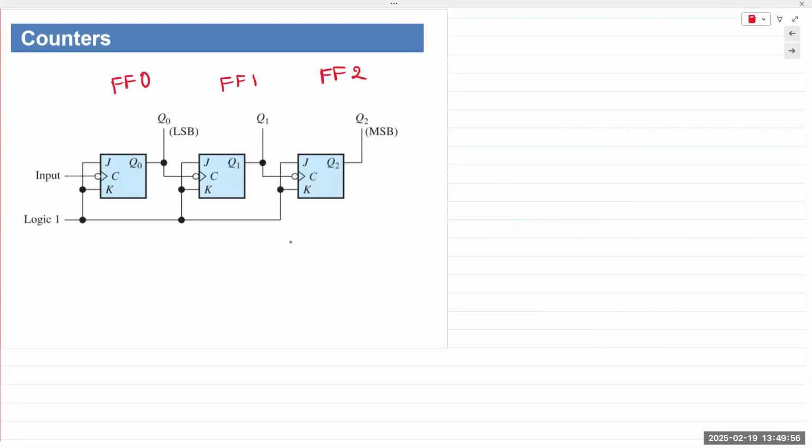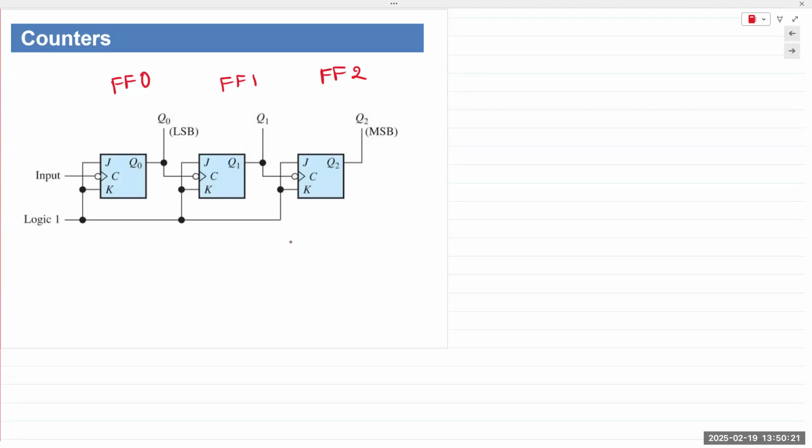In digital logic circuits, everything starts at 0, right? 0, 1, and 2. This would comprise a 3-bit counter. A single bit counter will count from 0, 1. That's it, 2 possible states.